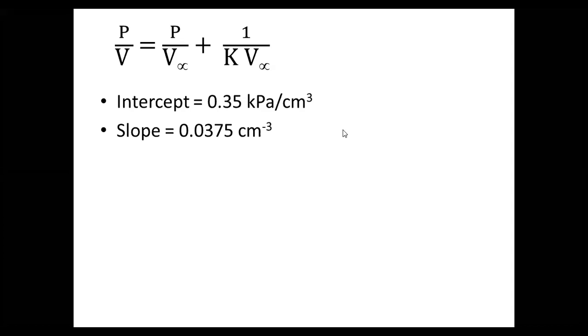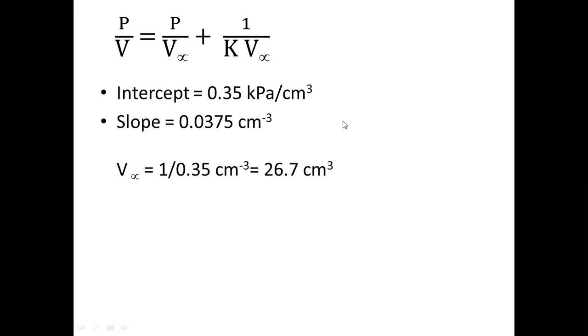So the first answer of this one is the v infinity. Again, this is the y, this is the x, and 1 over v max is the slope, and 1 over k v infinity is the intercept.